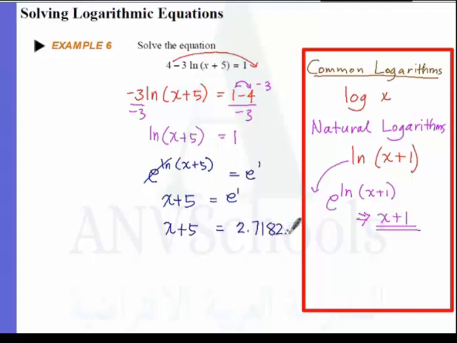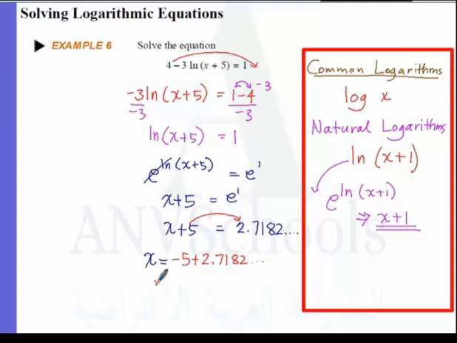e is equal to 2.7182, etc., so it is infinite. And our x then is equal to negative 5, we transpose this one here, plus 2.7182.